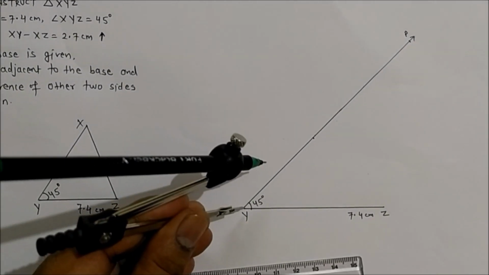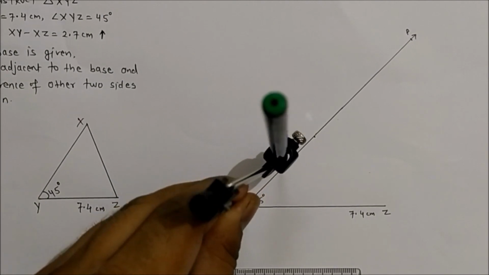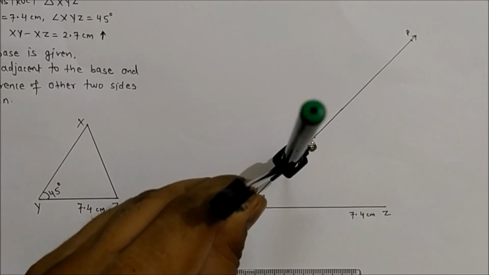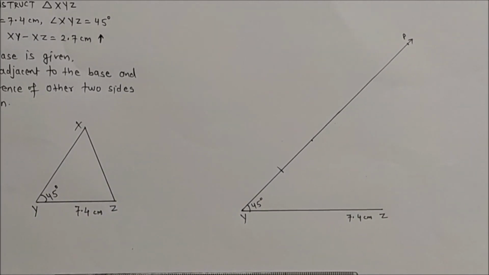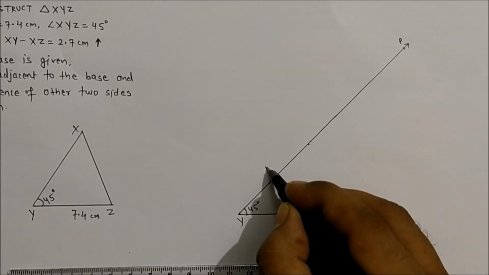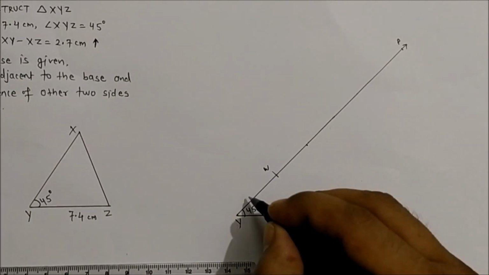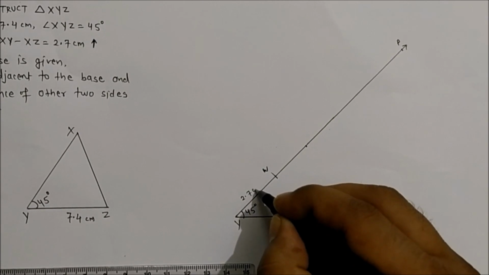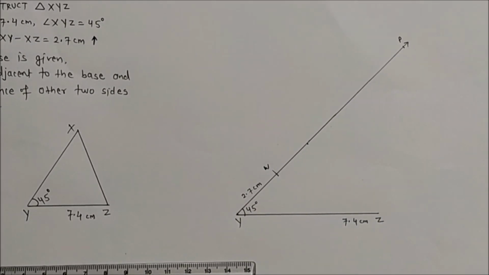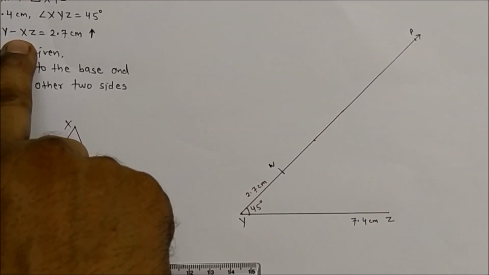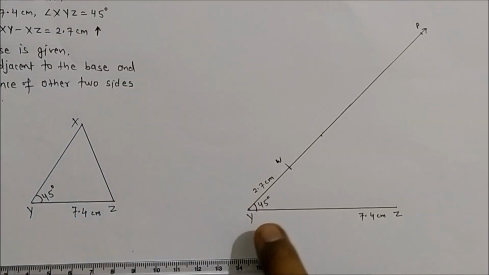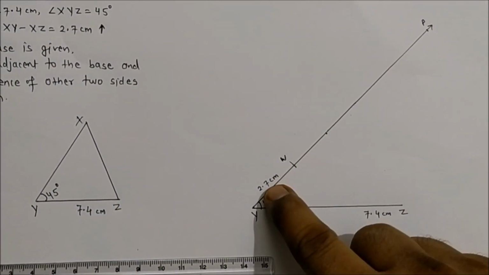From this point Y, you cut an arc of 2.7. Name this point say W. Okay, this is 2.7 centimeter. Remember that XY minus XZ is 2.7. So we have cut the arc of 2.7.